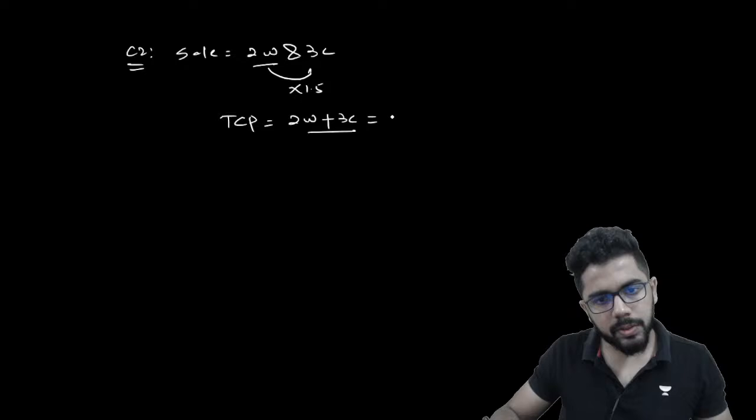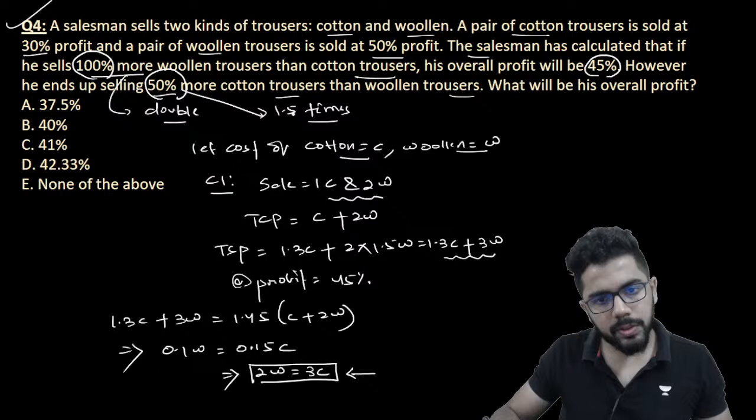So basically I can take 4 woolen in place of this. Remember this relation, 2 woolen is equal to 3 cotton, which we got. Convert everything to cotton or else convert everything to woolen. Let's look at the selling price and convert accordingly. What will be the total selling price? He will sell at the same profits.